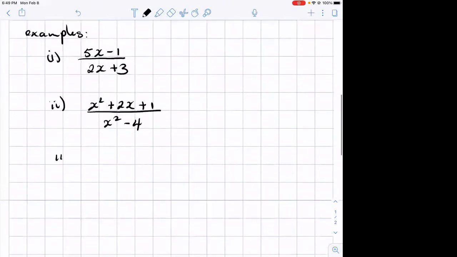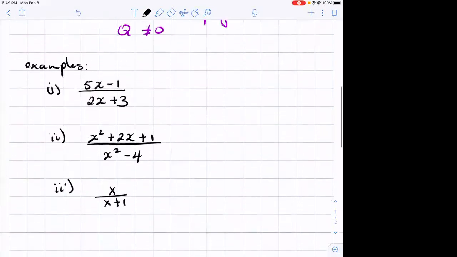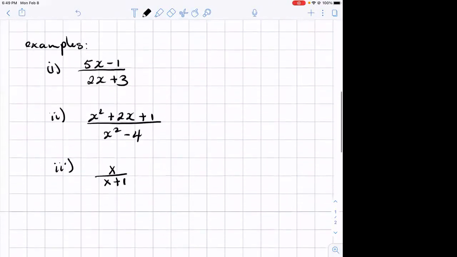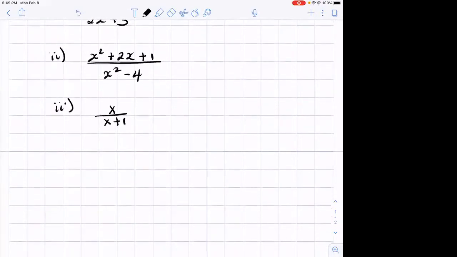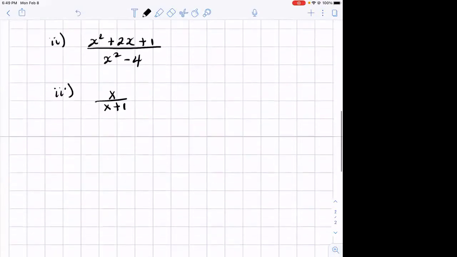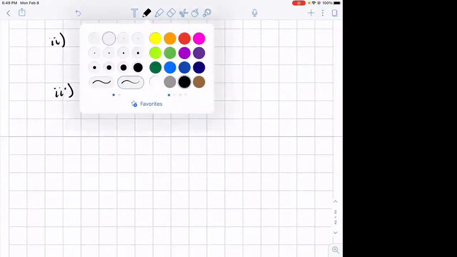Another example can be x over x plus 1. These are all examples of a rational expression.